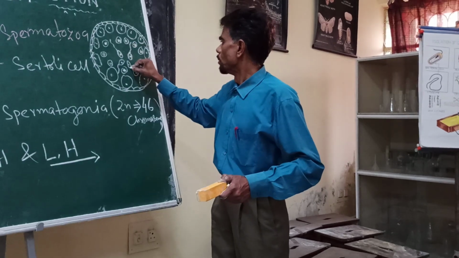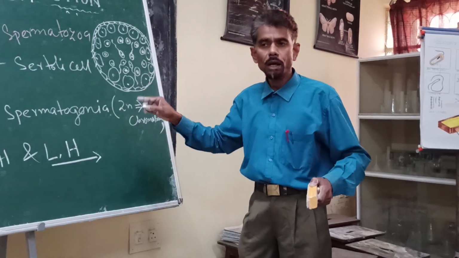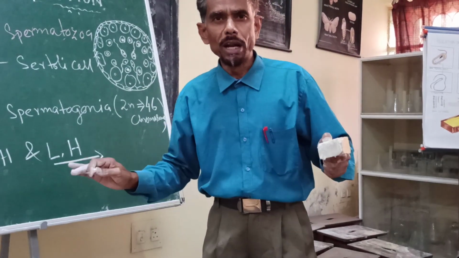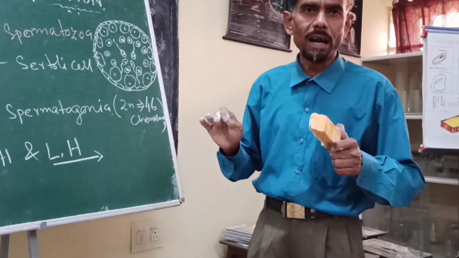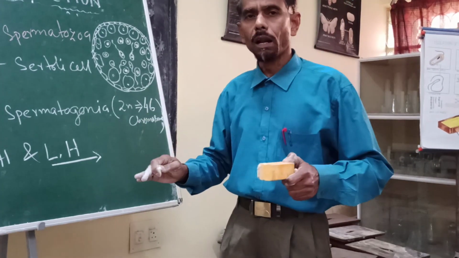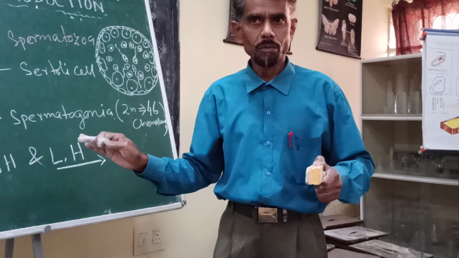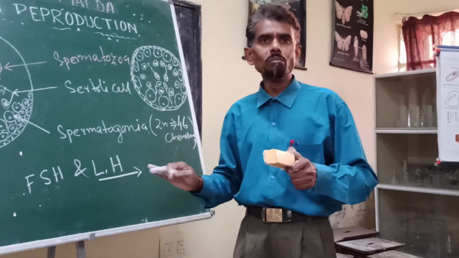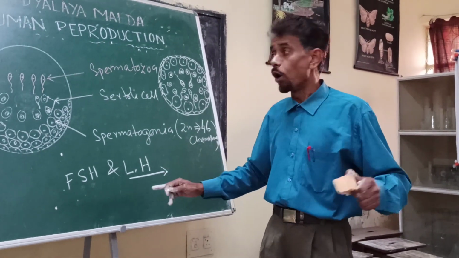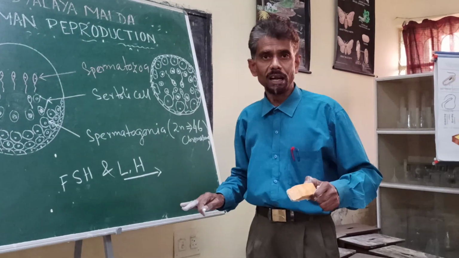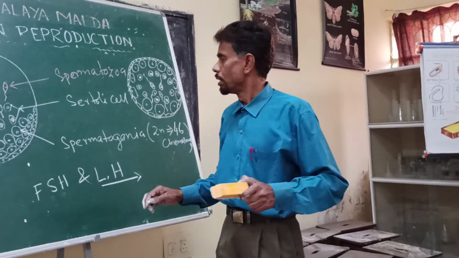This is the lumen of the seminiferous tubule. Now when they come to the lumen, they are ready to expel from the seminiferous tubule. But by that time they are not motile, although they have a functional tail.